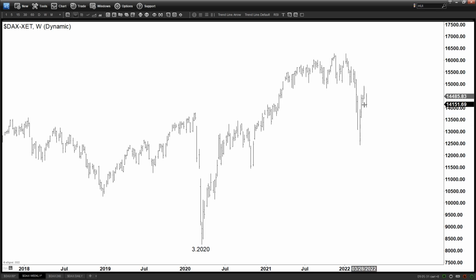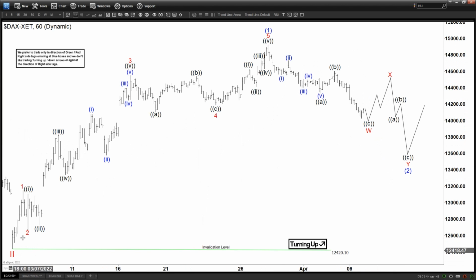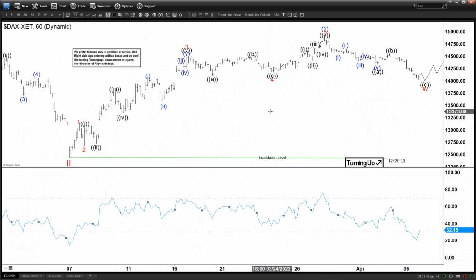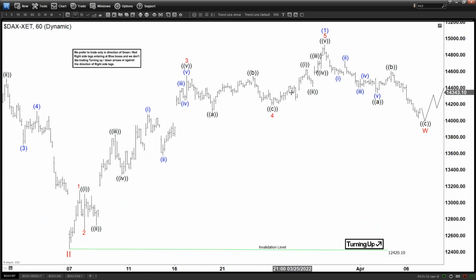If you think this looks like an impulse, then it makes sense to have another leg up. It's as simple as that. But if you think this is a 3-wave correction, then I think it's more likely to go down, right? But if you look at the subdivision, the question you have to answer and conclude is, what sort of structure is this?